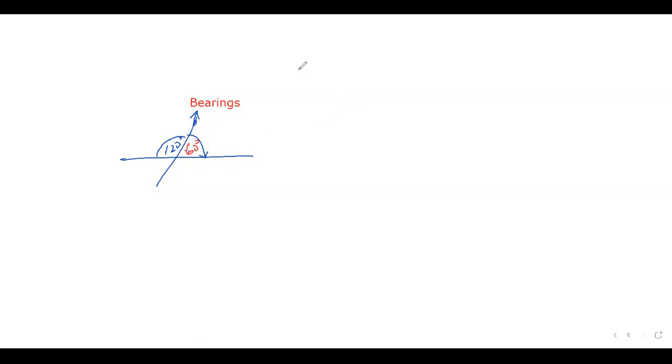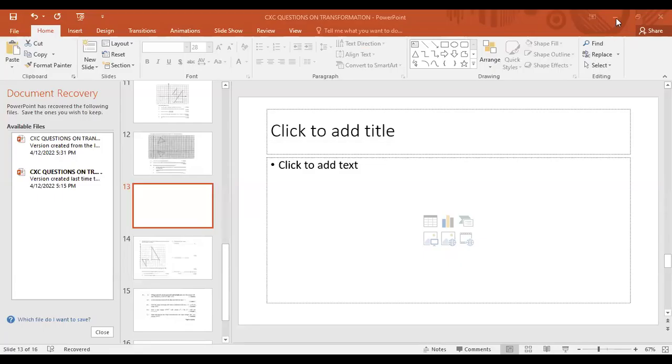Now, if I give you two parallel lines like this, this is what you are going to use most in bearings. I have to stop sharing this. We're going to our chambers.